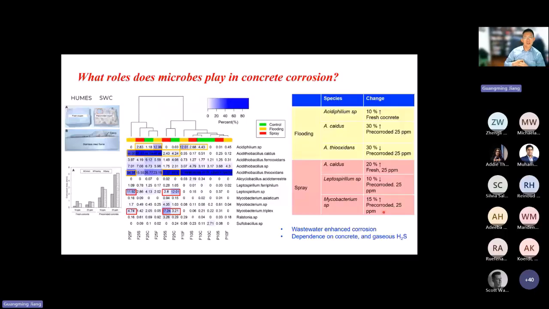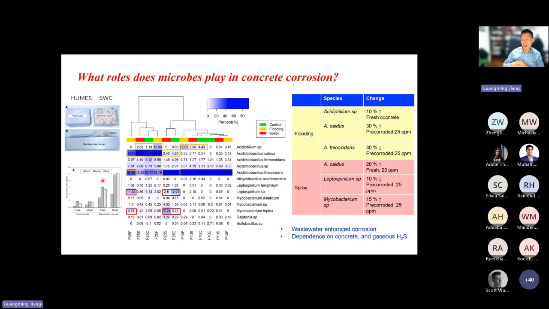So the first, when we start this, is we want to understand what roles those microbes play in the concrete corrosion. As you can see, we have different types of concrete, and then we put them in the wastewater systems. So we have different wastewater conditions simulating the spray of the wastewater or the flooding of the wastewater.